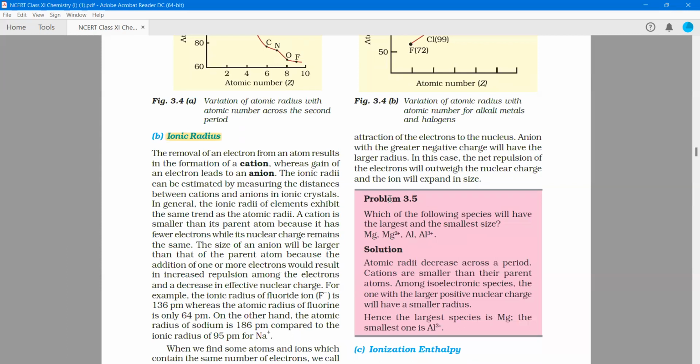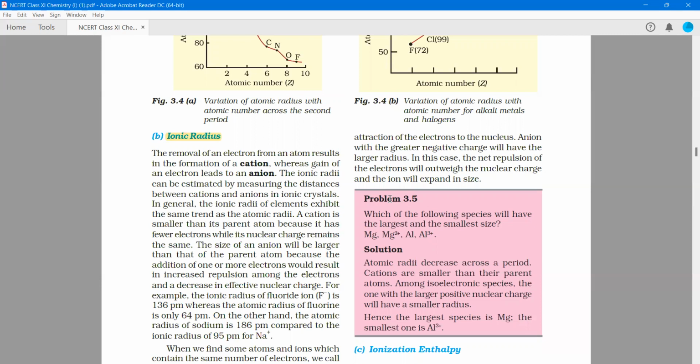So now you have to choose between magnesium and aluminum, which will have the largest size. When you go from left to right in the periodic table, you have magnesium, then aluminum. What happens? The size decreases. So the largest size will be that of magnesium.